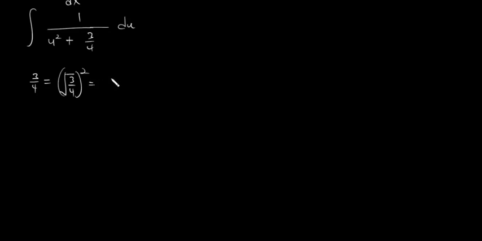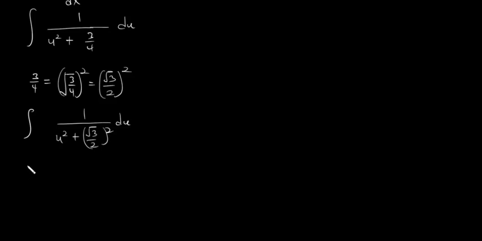So this will be the same as root 3 on 2 squared. So at the end you're going to have the integral of 1 over u squared plus root 3 on 2 squared du. This is what you're going to have. Let's look at what you're going to do next.